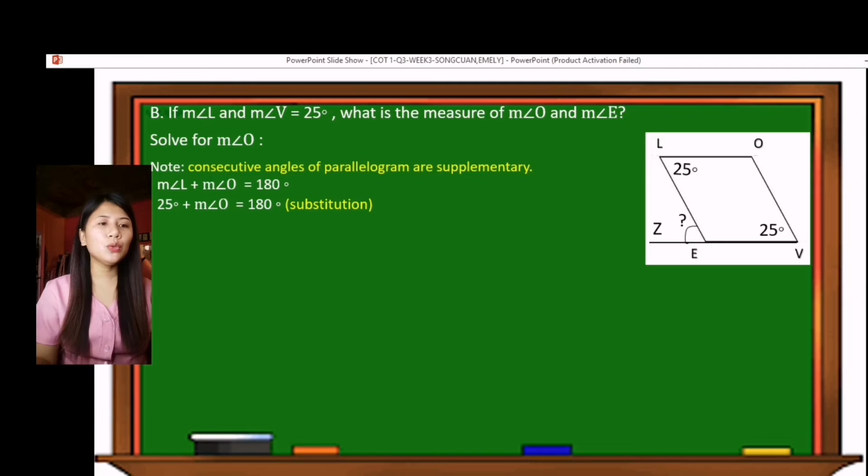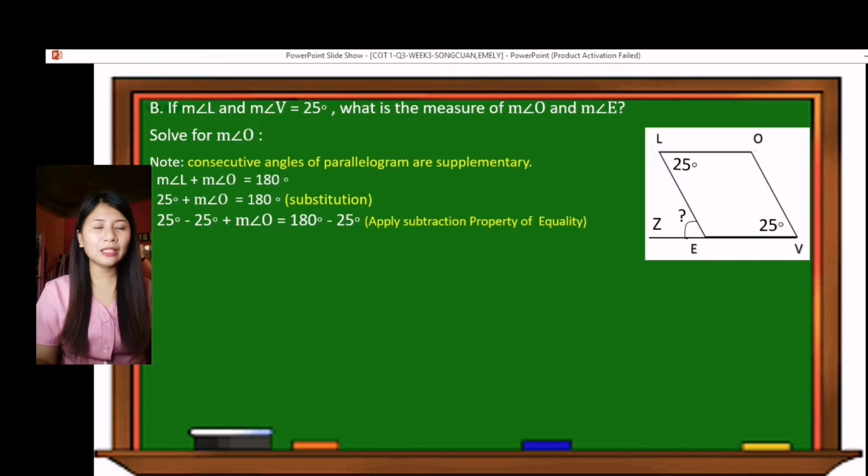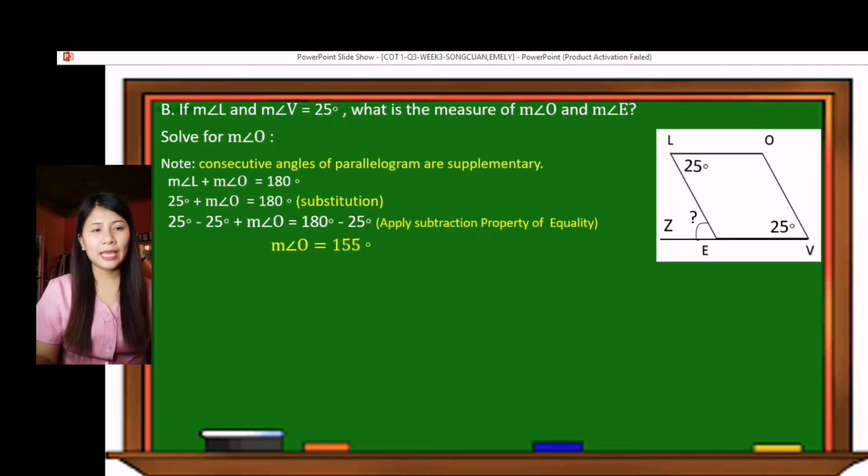To get the measure of angle O, let us apply the subtraction property of equality, wherein we subtract 25 degrees from both sides. So 25 degrees minus 25 degrees is 0, and it will leave the measure of angle O. And 180 degrees minus 25 degrees is equal to 155 degrees.